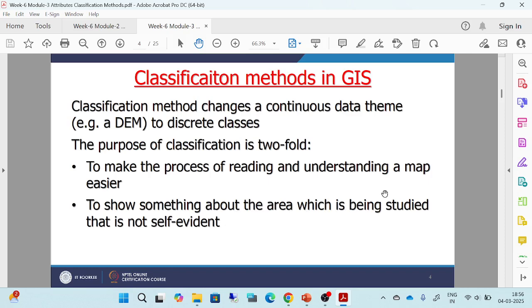For instance, you are looking at an area, you might not get information just by observing that area firsthand, but when you use a model or something like that, you get more information which might not be visible to the naked eye.